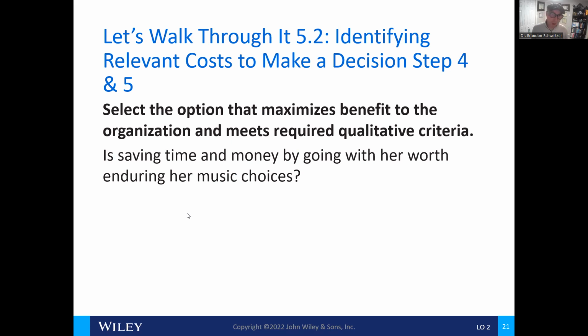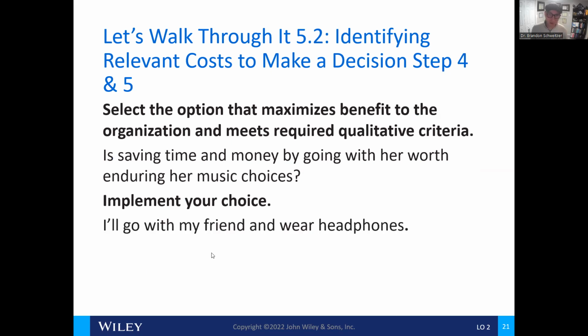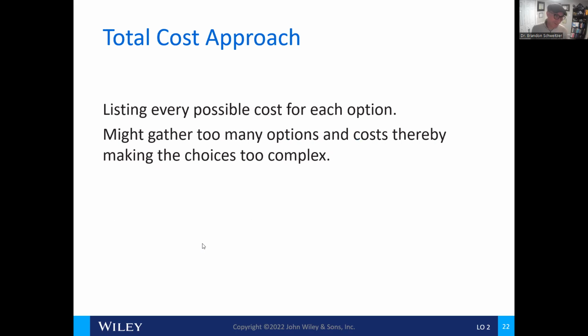Is saving time and money important? The trade-off being the music choice. So step 5, make a selection. We're going to go with the friend and wear headphones. Excellent decision.